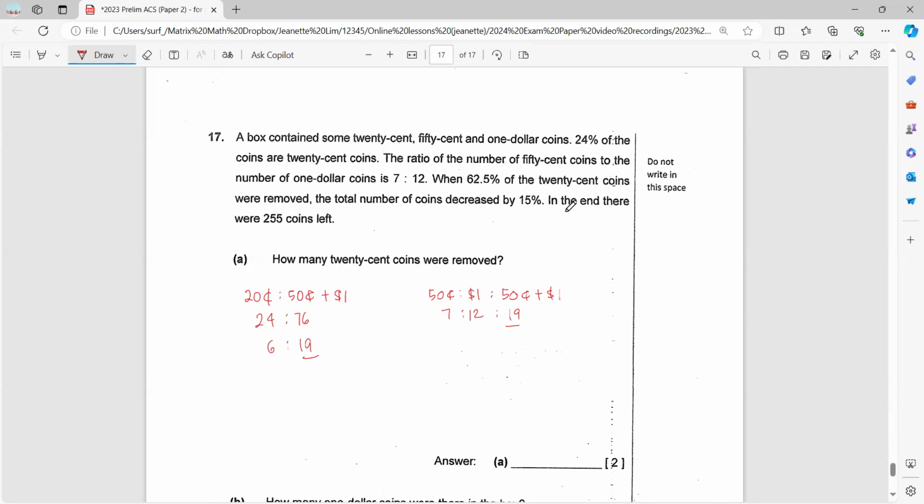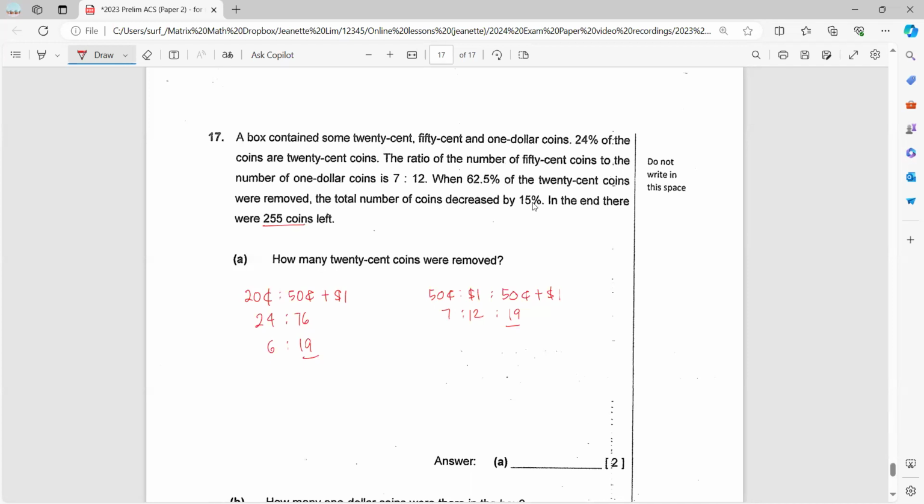Then let's go back to the question. When 62.5% of the 20-cent coins were removed, the total number of coins decreased by 15%. In the end, there were 255 coins. Now, this 255 coins left is talking about the total left. The total dropped by 15%.